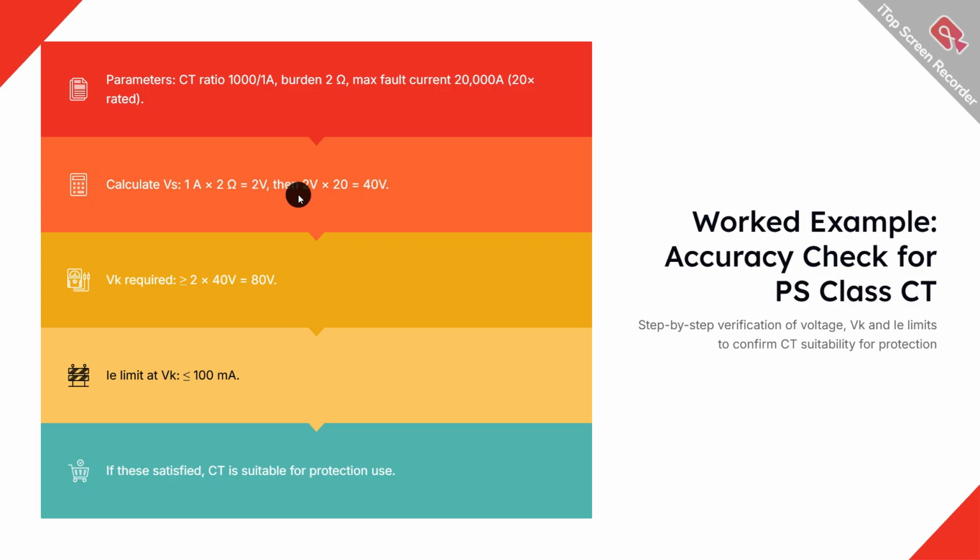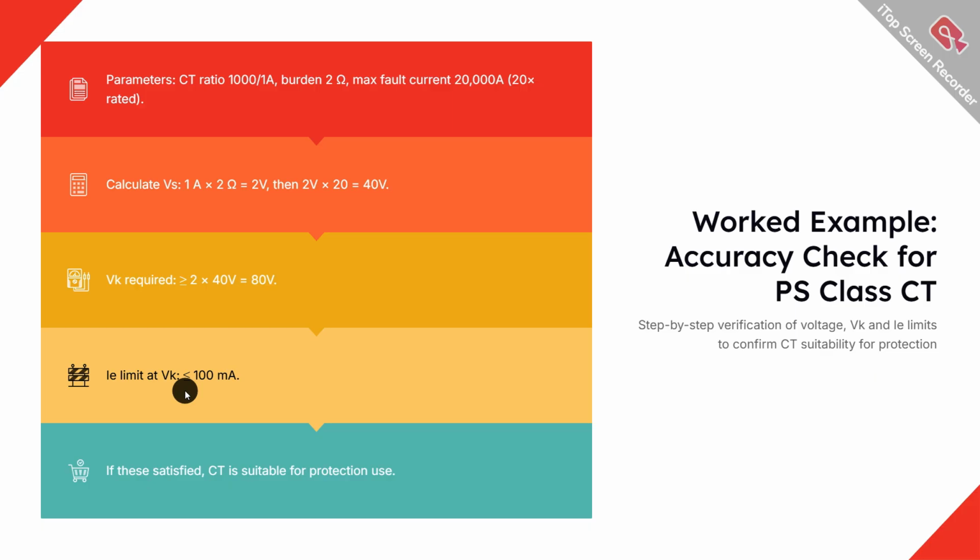At fault times, because earlier we saw we have to multiply fault current with burden, we get 40 volt as VS. So the VK required is 2 times, so 80 volt is the VK. And at that VK, the magnetizing current should be less than 100 milliampere.